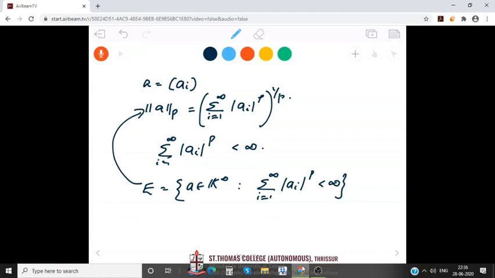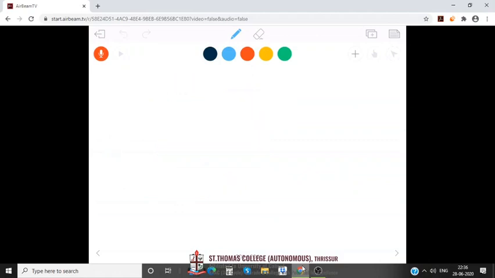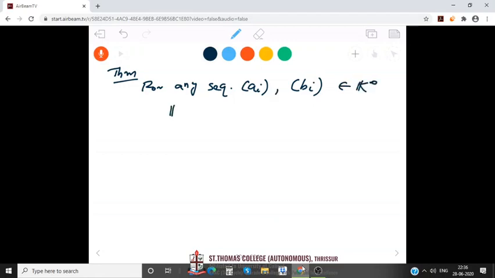Now, Minkowski inequality says that for any sequence AI and sequence BI of scalars, norm P of A plus B is less than or equal to norm P of A plus norm P of B. This is what we have to prove, and we will use Holder's inequality to prove this result.